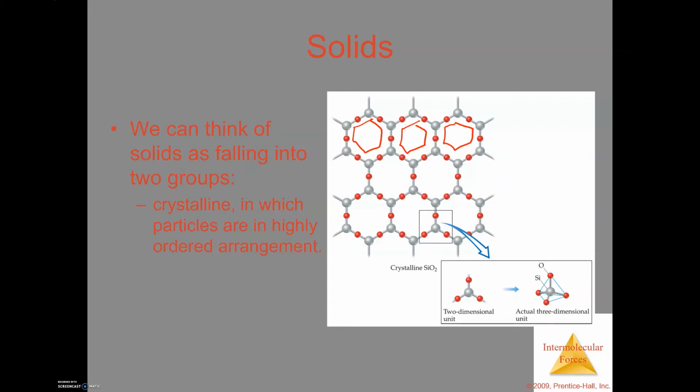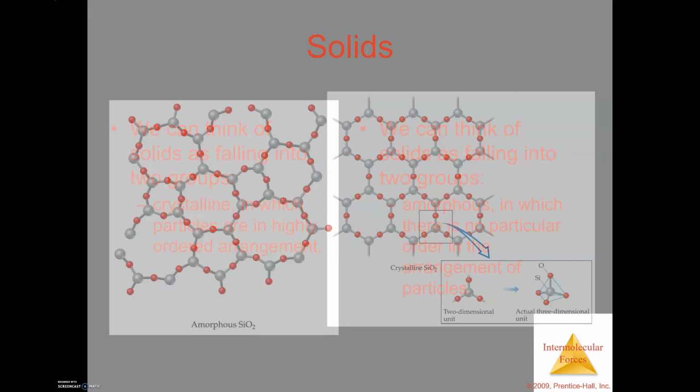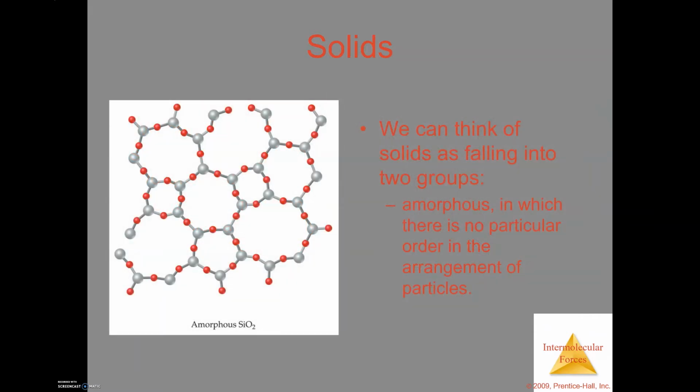They take the sand, melt it down, and pour it into a form. The sand doesn't necessarily recrystallize, it just resolidifies and forms what is called an amorphous solid. So all the glass in your cars and your houses is composed of silicon dioxide.